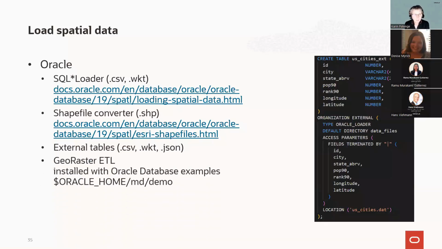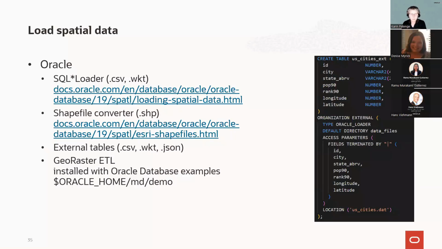As part of the tooling we also provide with the Oracle database, we have a GeoRaster tool, actually a GeoRaster loader, that is installed together with the Oracle database examples.